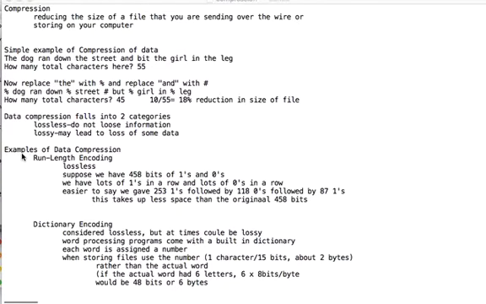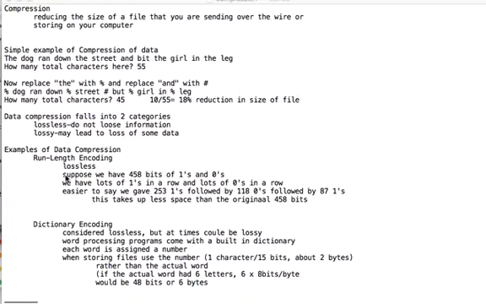Let's talk about some specific examples of compression. The first one is run length encoding. It's considered lossless. Suppose we have a string of bits, 458 bits. We have a whole bunch of ones and a whole bunch of zeros and a whole bunch of ones in a row.